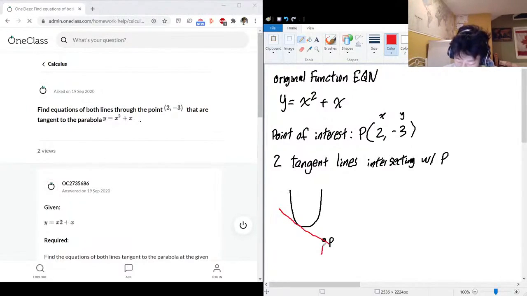The other will be pretty vertical, somewhere up the parabola where the tangent line does intersect with it. So we are definitely going to have two lines, only two lines. So yeah, cool.